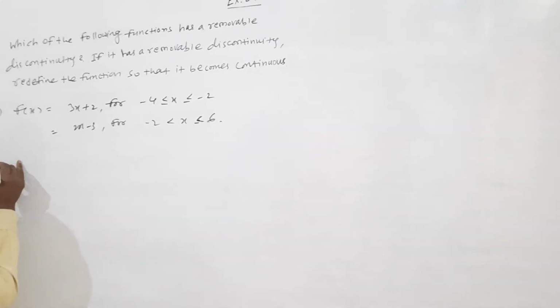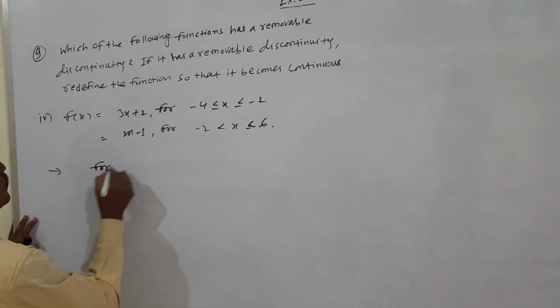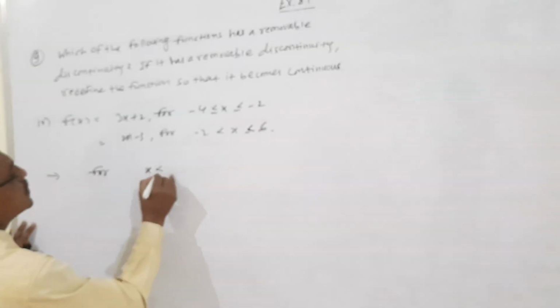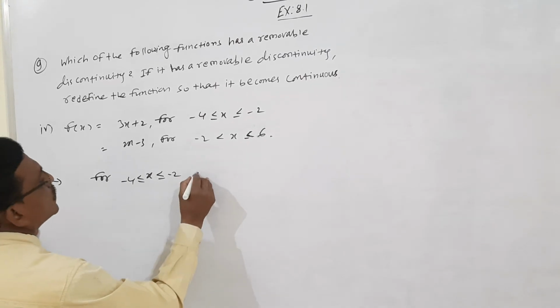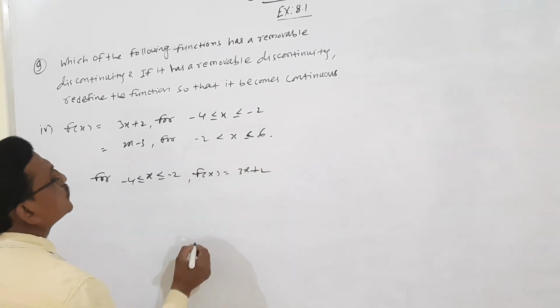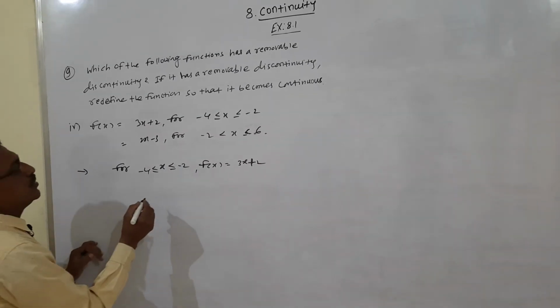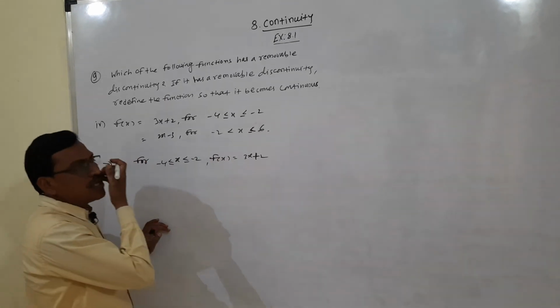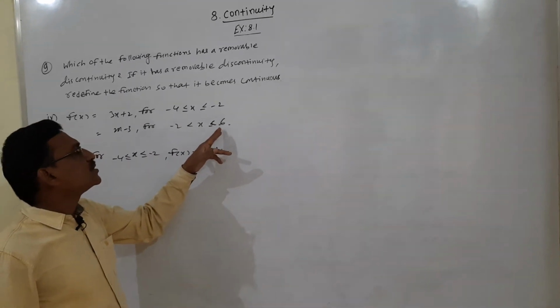So for this first interval, x less than or equal to minus 2 and greater than or equal to minus 4, the function is 3x plus 2. Here our domain is minus 4 comma 6.